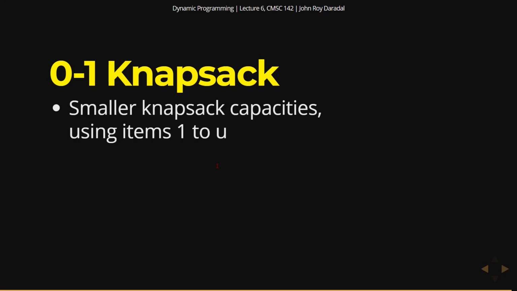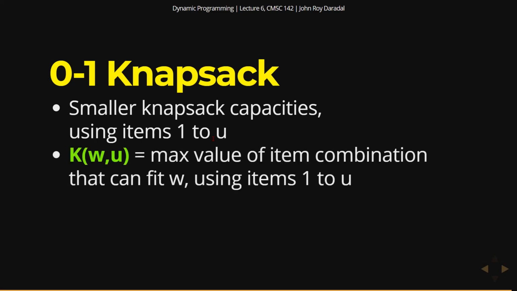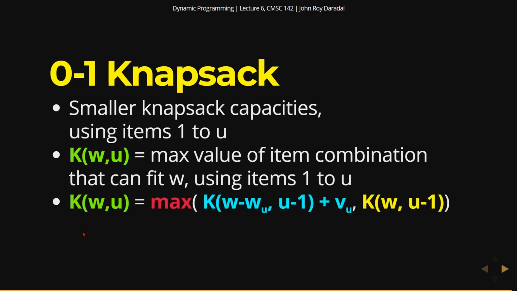And then for 0/1 knapsack, we'll just tweak the unbounded version. We have to consider which items we've already used so far, so you have an additional parameter u, which denotes the items that you've used possibly in the solution. So K(W, u) tells us the maximum value of item combinations that can fit W capacity using items from 1 up to u. And then similar to the previous one, we'll use either K(W minus w_u, u minus 1).